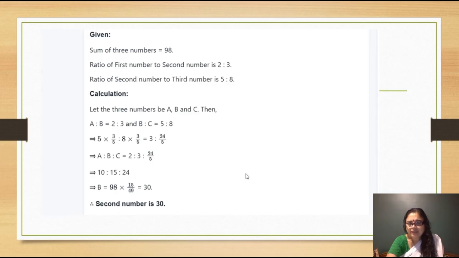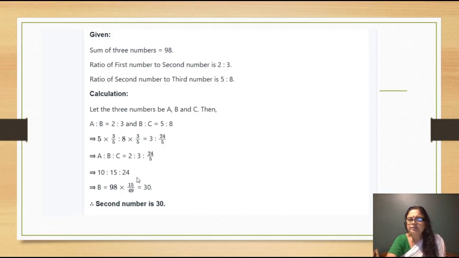So 5 into 3 by 5 is to 8 into 3 by 5 is equal to 3 is to 24 by 5. So 5 into 3 by 5 is 3, and 8 into 3 by 5 is 24 by 5. So A is to B is to C will be 2 is to 3 is to 24 by 5, or multiplying throughout by 5 we get 10 is to 15 is to 24.